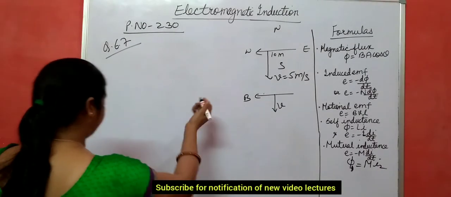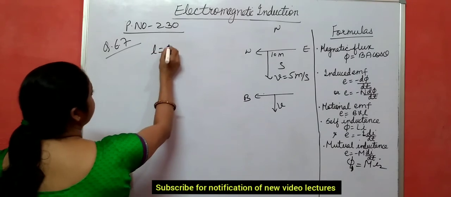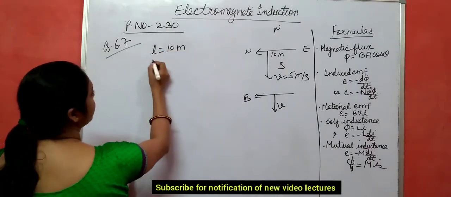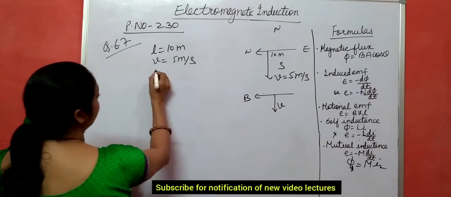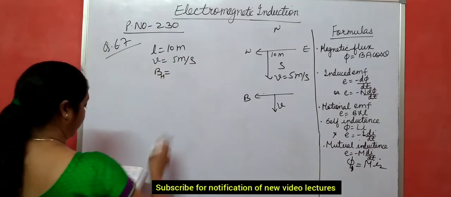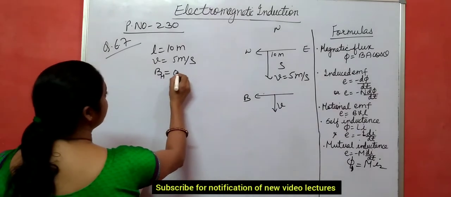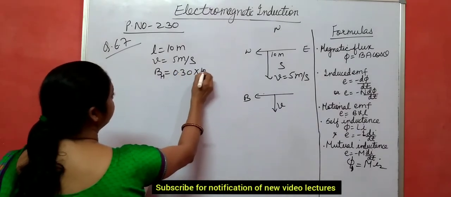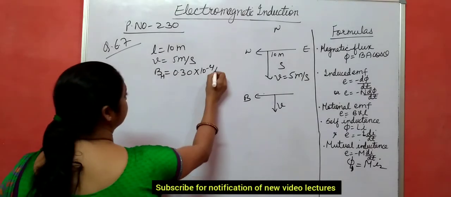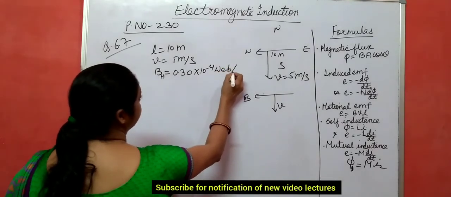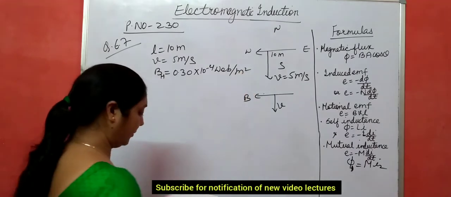So write down everything that is given. Length is 10 meter. Velocity is 5 meter per second. And the value of the horizontal component of Earth's magnetic field is 0.30 into 10 to the power minus 4 Weber per meter square, right?